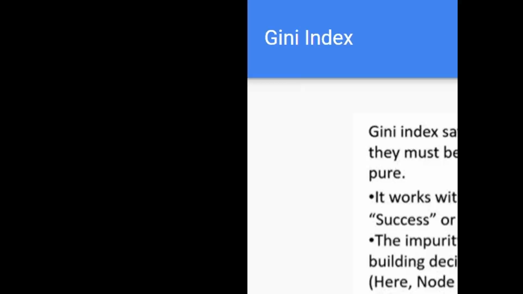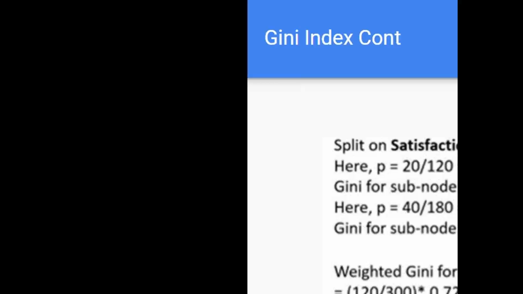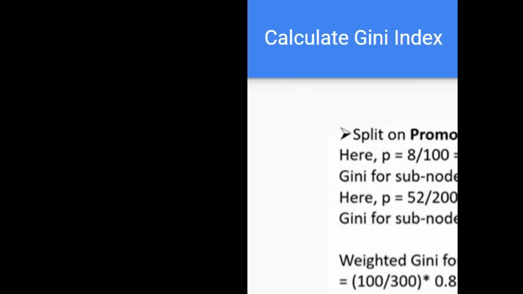We were using the same example of promotion. We took the first variable, promotion in the last 5 years, where there were a total of 300 employees, out of them 60 had left. First of all, we pick up the data for yes, the people who got the promotion.